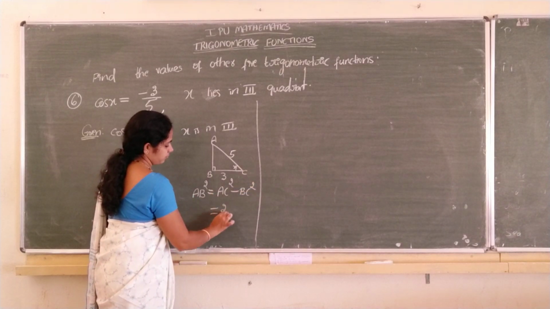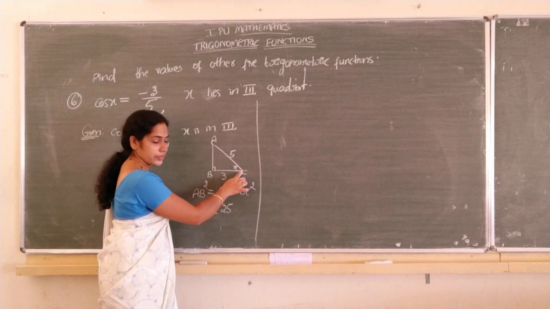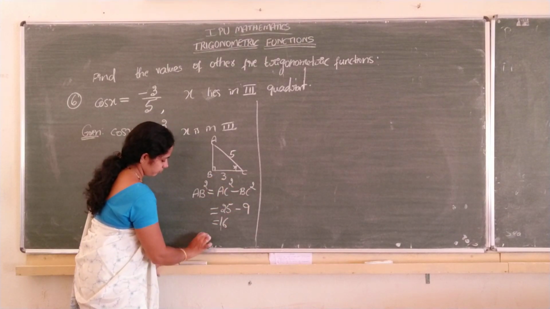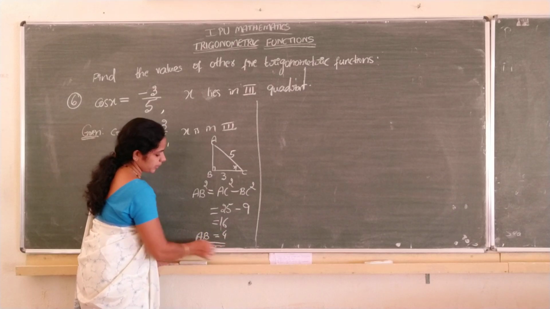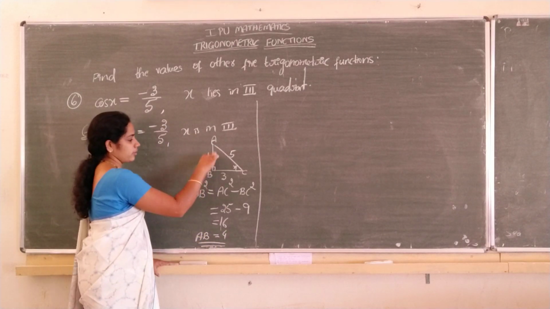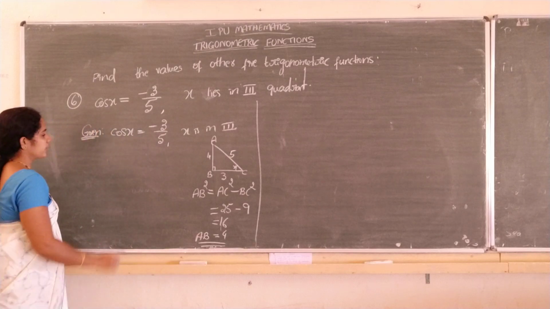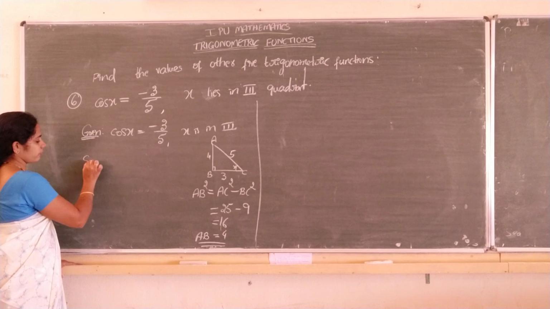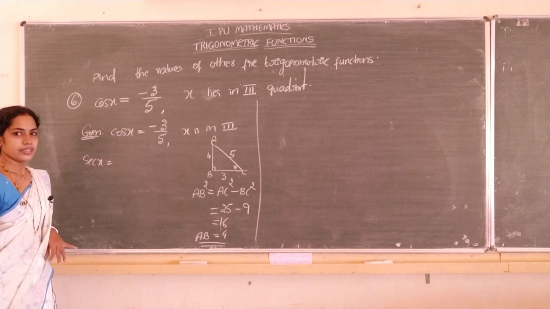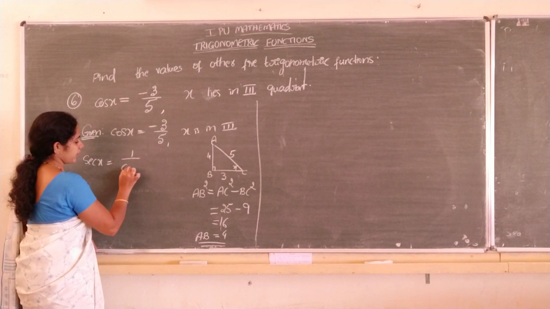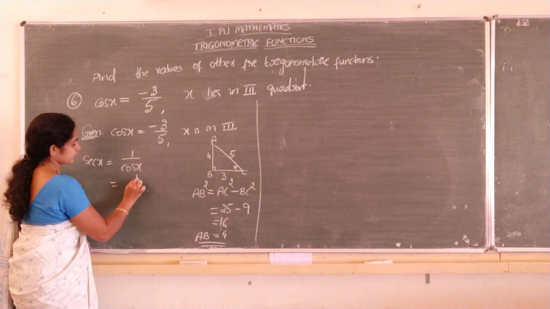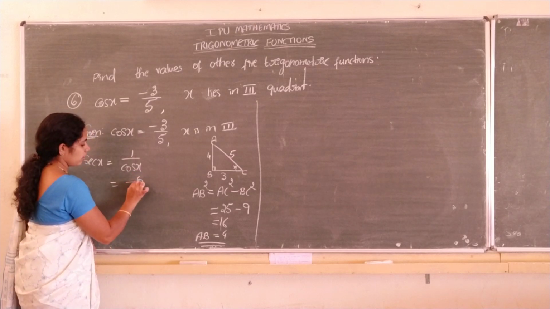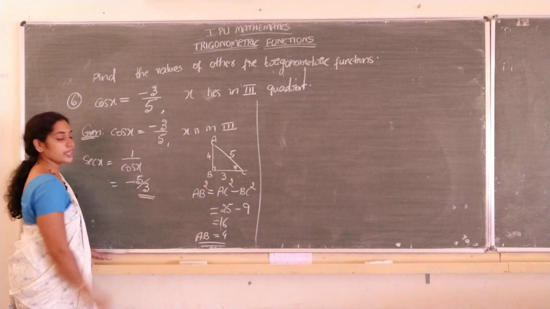AC square 5 square 25 minus 9, that is 16. So AB is root 16, that is 4. Now we have cos x, so directly we can find out secant x, correct? Secant x is 1 by cos x, that is 1 by minus 3 by 5, reciprocal minus 5 divided by 3.